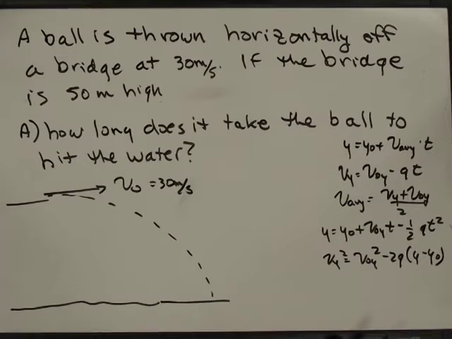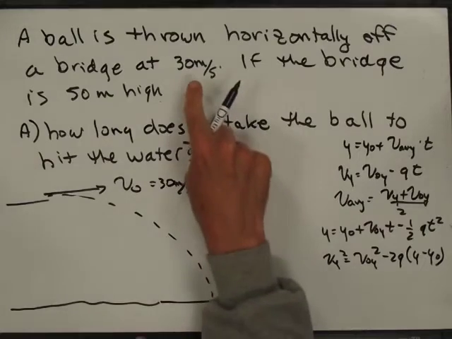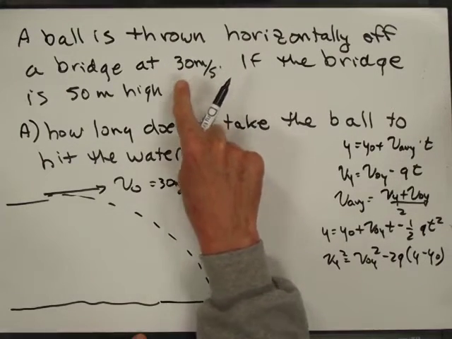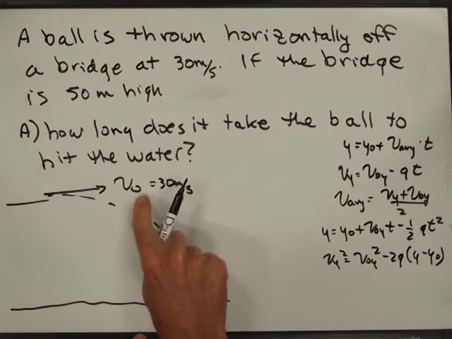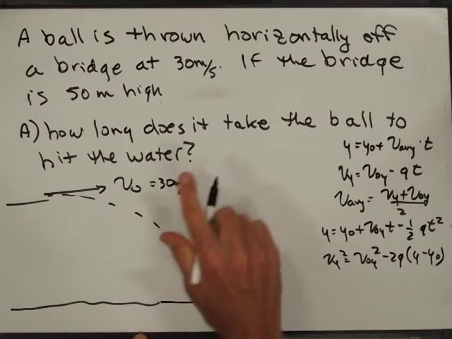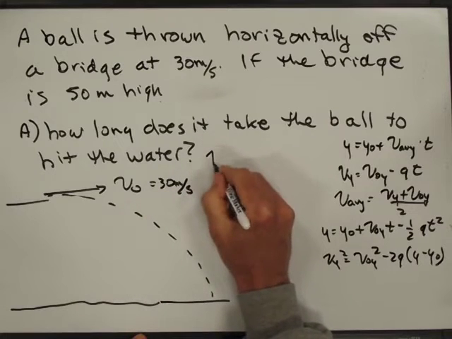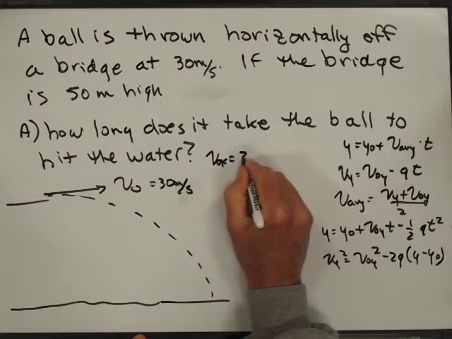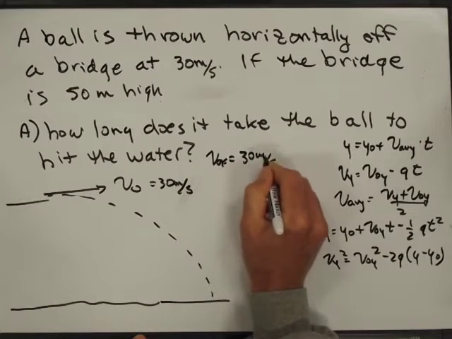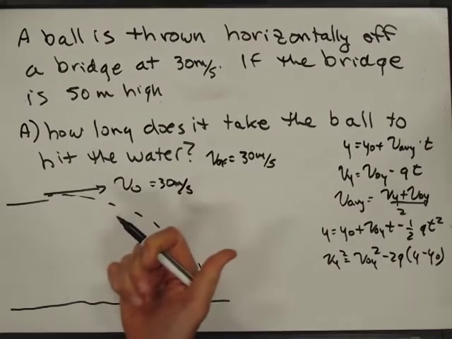We're asking for a time, and we have to list what we know here. The 30 meters per second is the initial velocity, and that's actually the x velocity, because it's being sent in the horizontal direction.